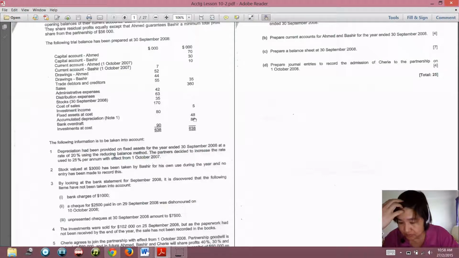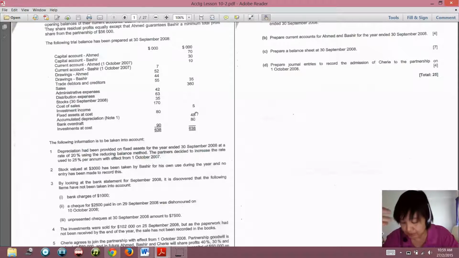Note number 1 says depreciation has been provided on the fixed asset for the year already. So that means this 48,000 has included this year's depreciation already, at a rate of 20% using the reducing balance method.